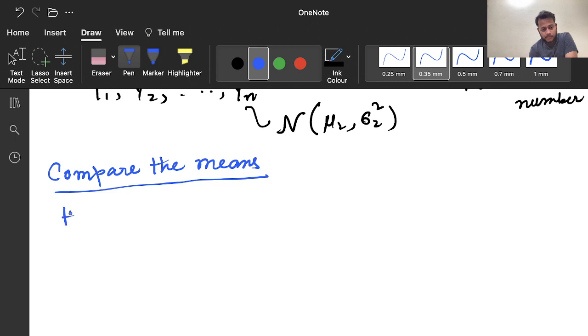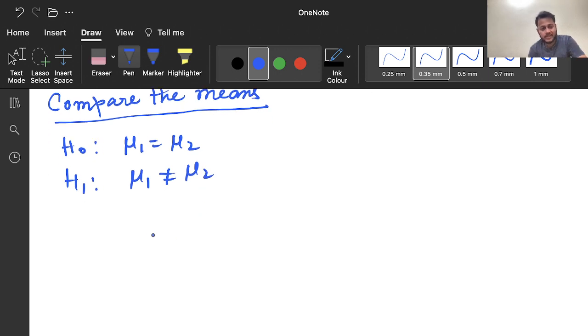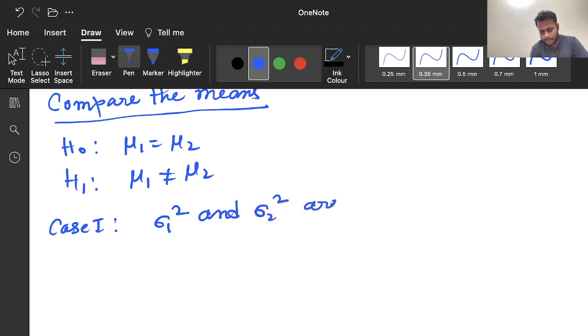The null hypothesis is mu1 equal to mu2, and the alternative hypothesis is mu1 not equal to mu2. Case 1 is when sigma 1 square and sigma 2 square are known.